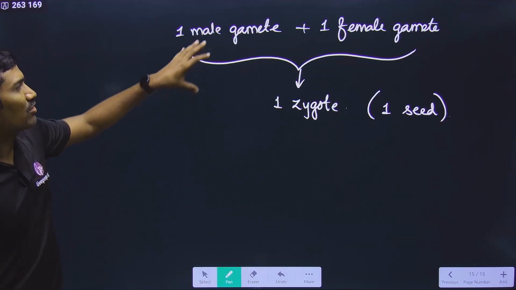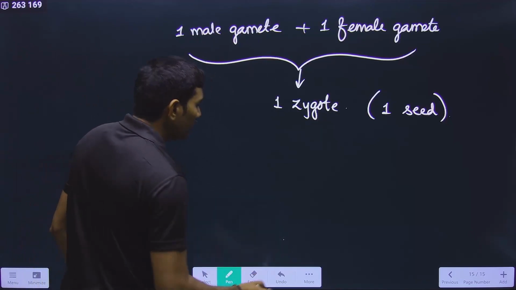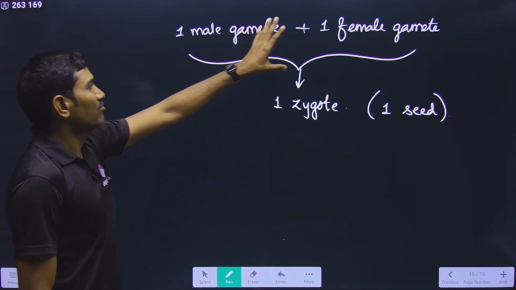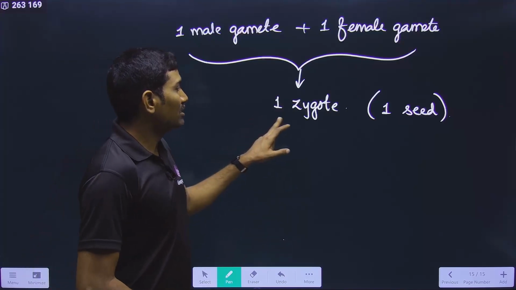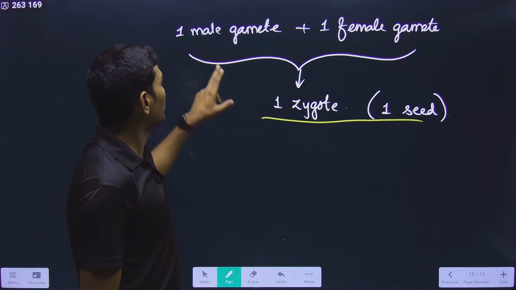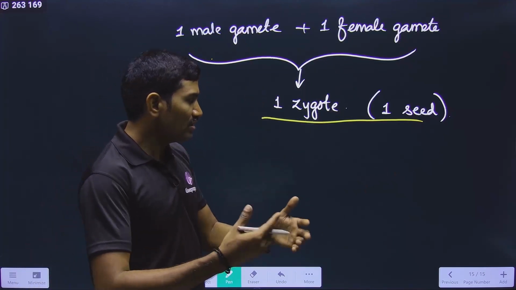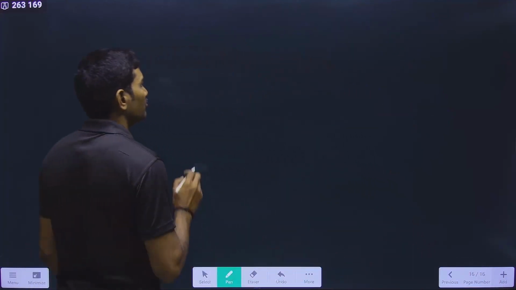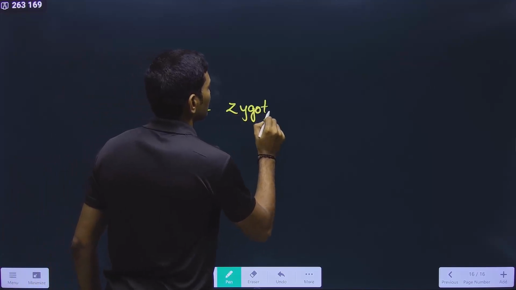So in this way, we are talking about this particular information. Now let us focus on this. One male gamete and one female gamete combined form one zygote. That means for one zygote or one seed formation, you need one male and one female gamete. This is the basic information. Based on this, now let us write some questions. Suppose you want 12 zygotes.